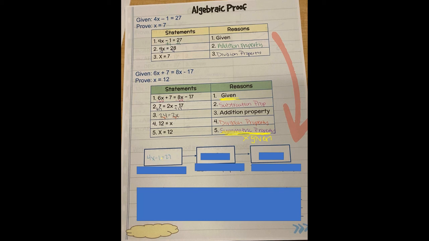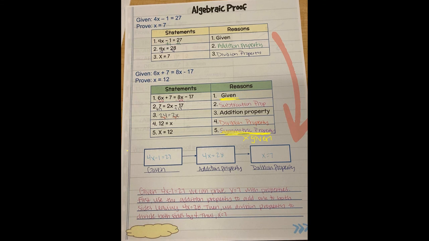Our statement number 1 up here is 4x minus 1 equals 27, and that was given to us. Second statement, 4x equals 28, and that was our addition property. I'm literally just taking my two-column proof and putting it into the flow chart way. Finally, x equals 7, and that was our division property.